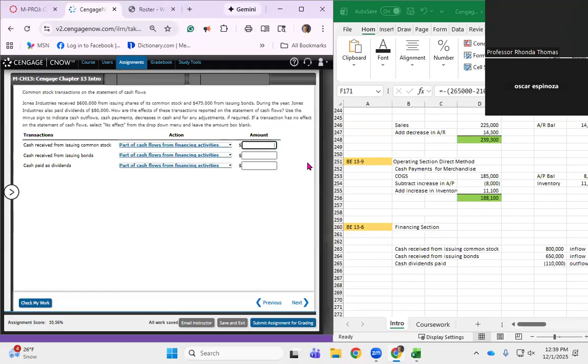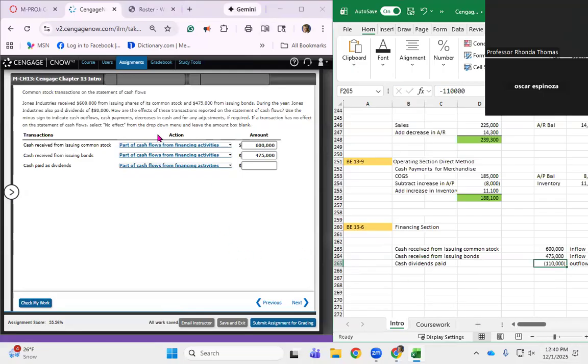Okay, cash received. So how much cash did we receive from selling the stock? 600,000. Okay, how much did we receive from selling bonds? 475,000. I'm going to put that in my spreadsheet now here. So 600,000 came in from selling stock, and 475,000 came in from selling bonds.